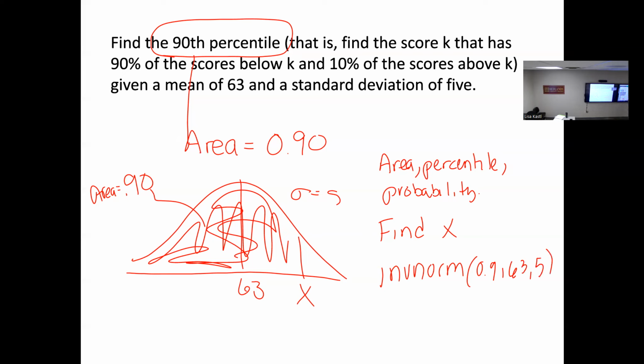So inverse norm 0.9, 63, 5. So 69.4. So 90% score below a 69.4. Which means either the final was too hard or they didn't study very well. One or the other.